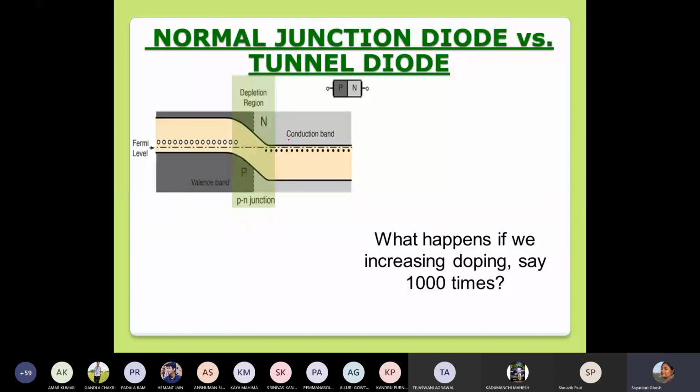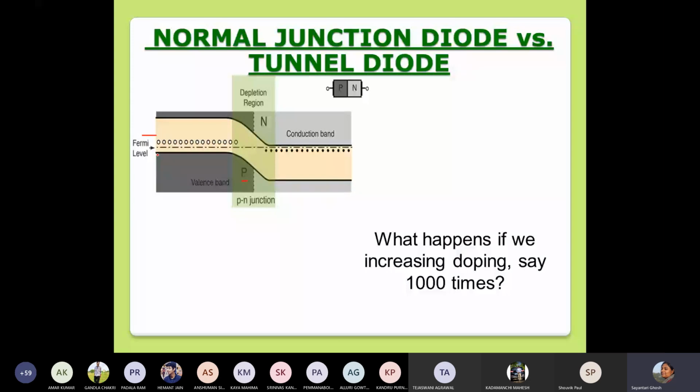It is basically the band diagram of a PN junction. This side is P-type. You know that in ordinary diodes, if you have a P-type semiconductor and you start doping it, the Fermi level, which in an undoped semiconductor lies in the middle between the valence band and conduction band, starts shifting down, and in a P-type semiconductor it lies very close to the top of the valence band.